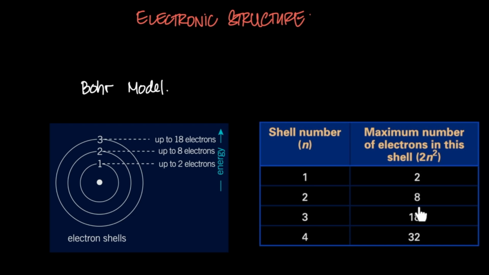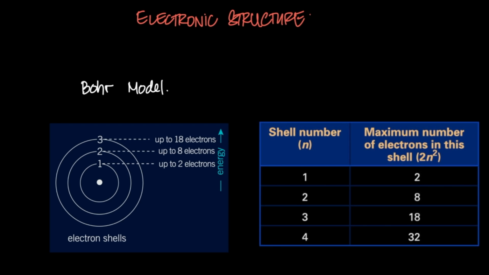The third shell we know can take a maximum of 18, and the fourth shell contains 32. Now these are observations made. There is no theoretical reason why. I mean, we can tend to explain why some of this happens, but again, these are observations we have made.